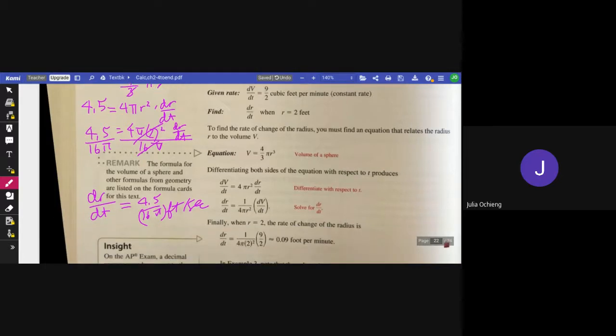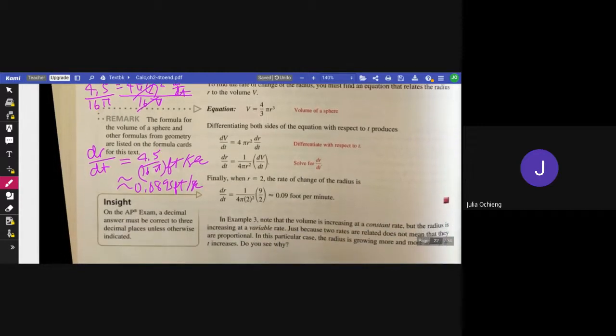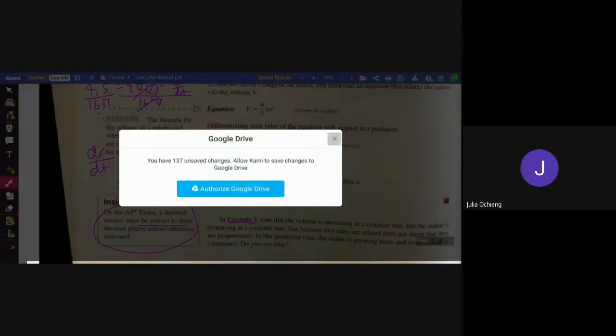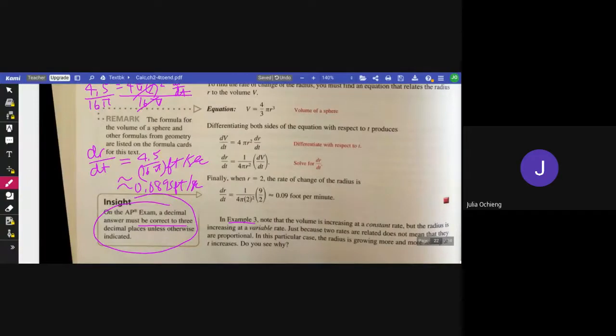That ends up being roughly 0.0895 feet per second. They rounded it as 0.09. I use 3 decimal places because on the AP exams, it should be to the third decimal place unless otherwise indicated.